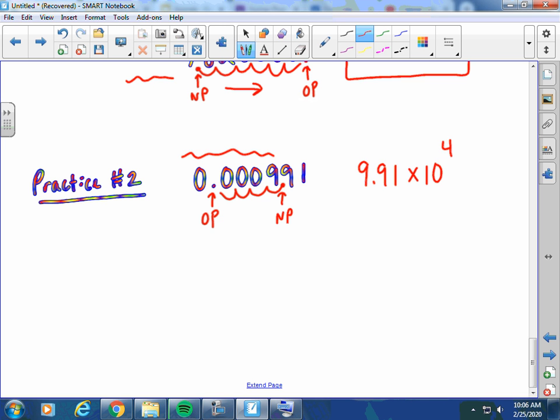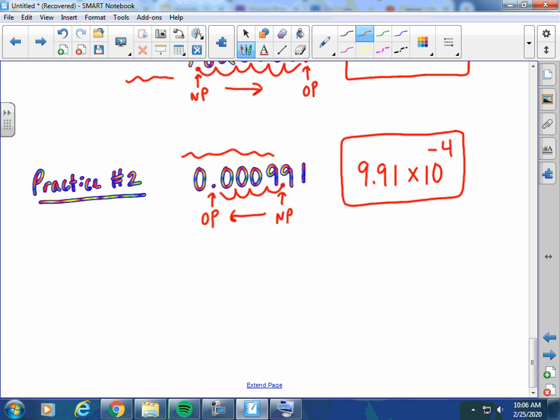Is it positive or negative? Negative this time. Going from the new point to the old point, I have to go left. There's my answer.